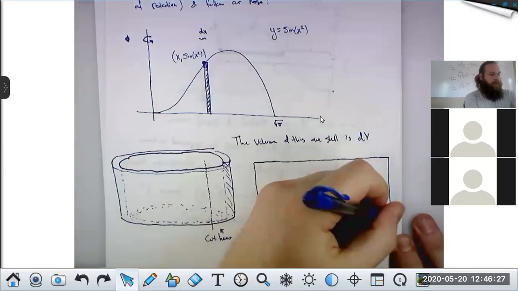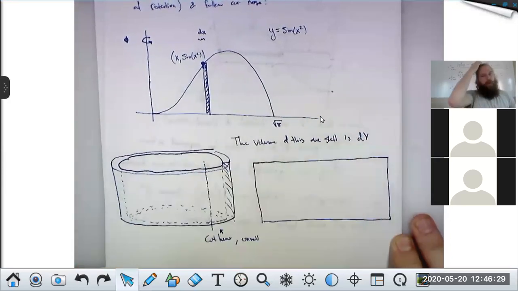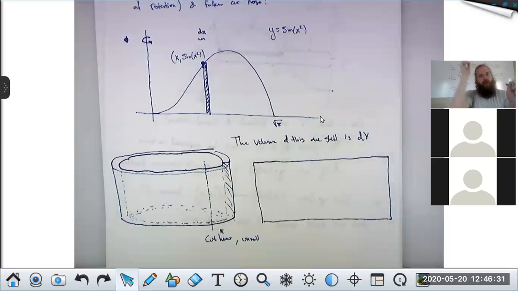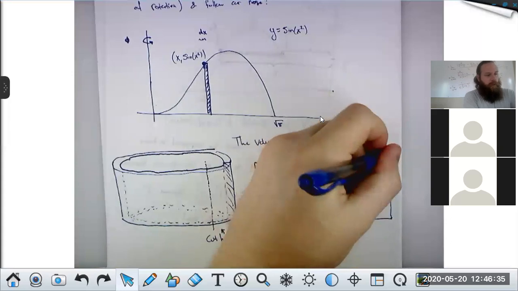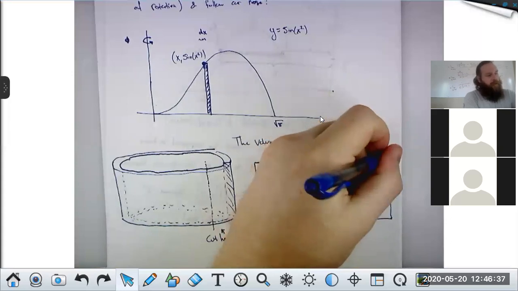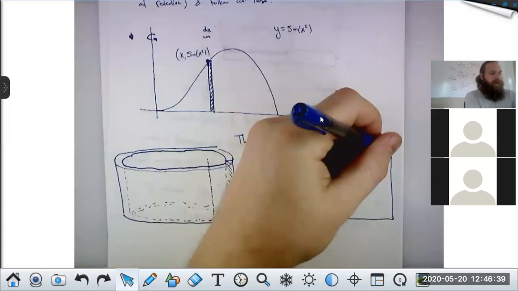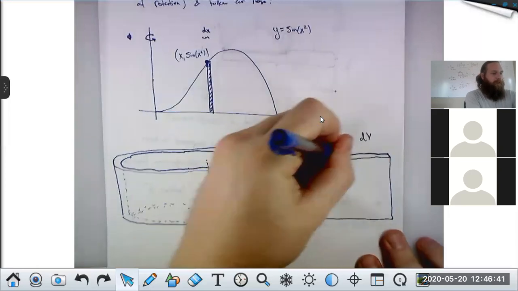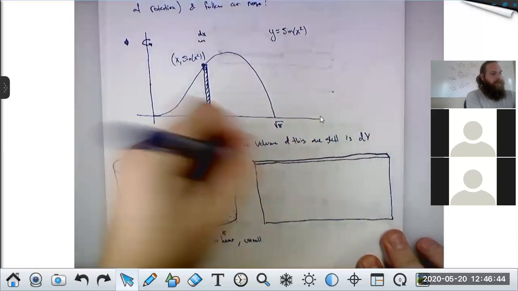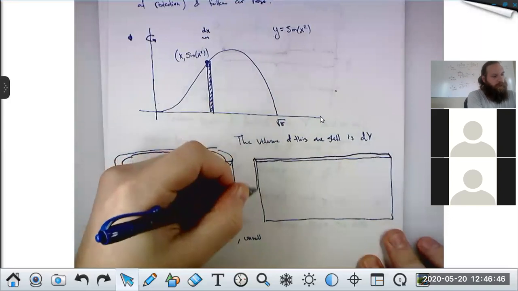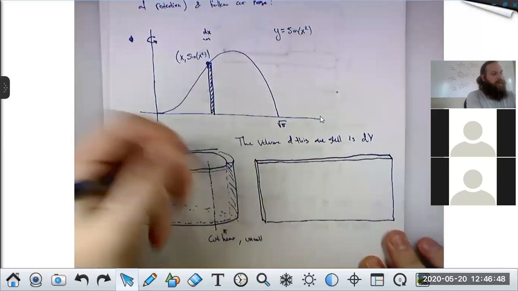So like if you imagine you have a soup can with the top and bottom removed. If you cut up the sidewall, you can then unroll the can and you'll get something like this, where the thickness is very, very thin. That's our dx thickness. And it has two other dimensions. It has like a length and a height.